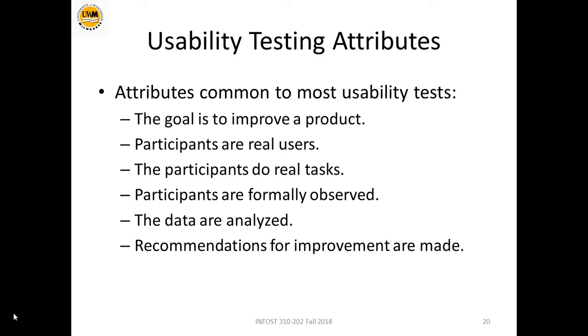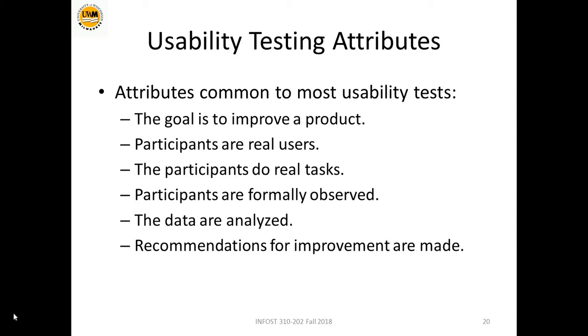The attributes of the usability testing should be, there should be a goal. Our goal mainly is to improve the product. The participants should be real users of the system. The participants should perform real tasks during the test.